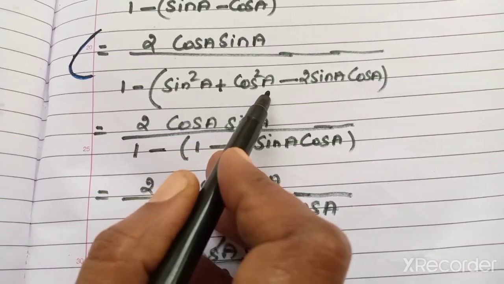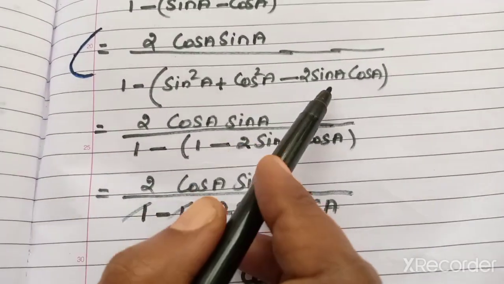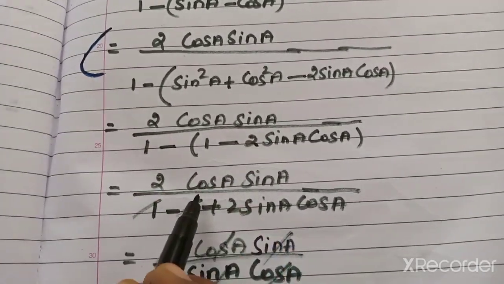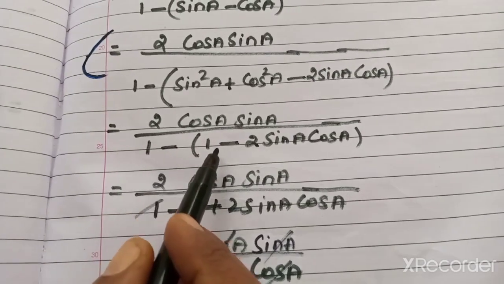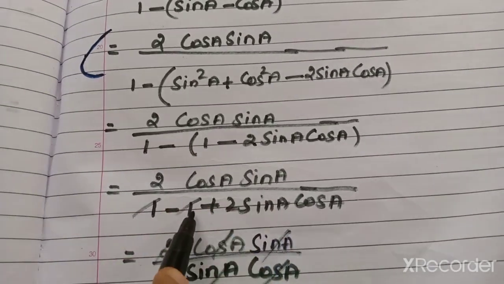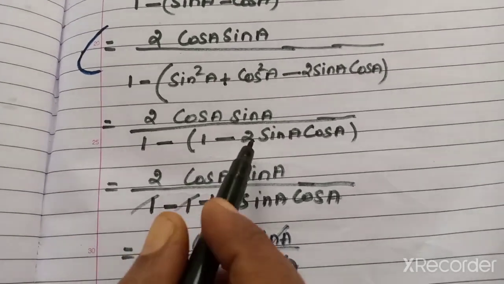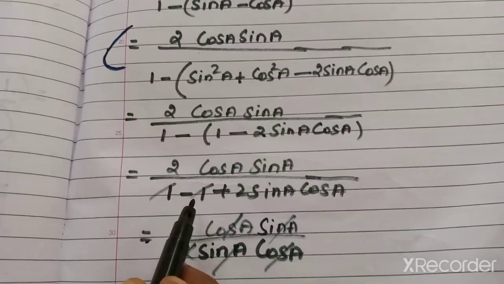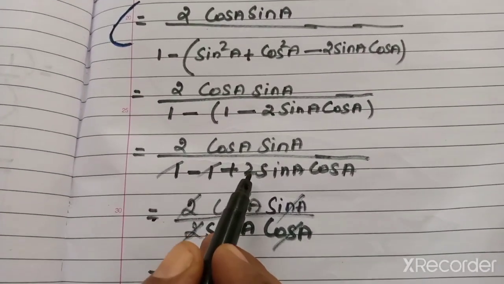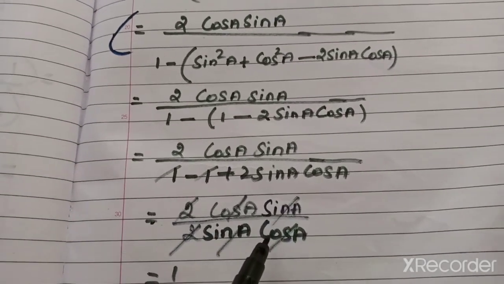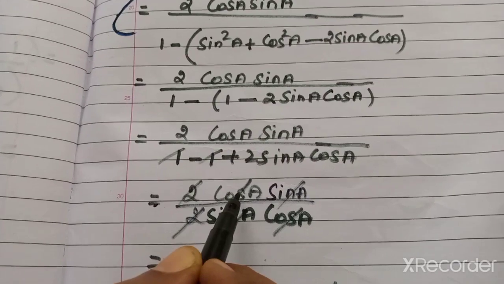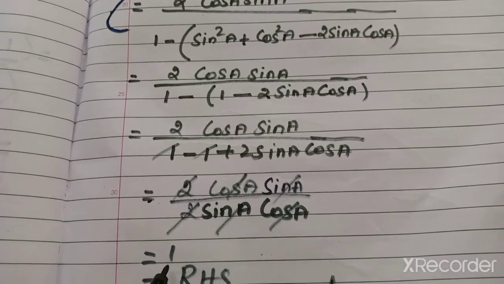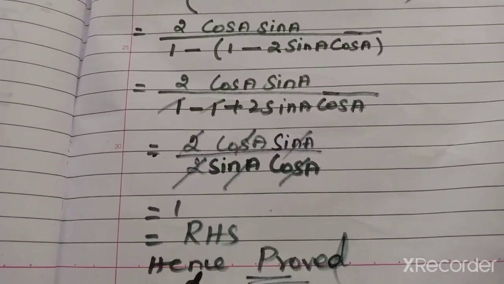So sin square A plus cos square A is 1, can be written, 1 minus this term as it is, right, which is equal to 2 cos A sin A divided by 1 with the minus, let us multiply these two terms, so minus 1, here minus into minus plus 2 sin A cos A, which is equal to 2 cos A sin A divided by, here 1 minus 1 is 0, remaining here we have 2 sin A cos A, okay, here 2 can be cancelled, cos A can be cancelled, sin A can be cancelled, so 1 is there, which is equal to 1, which is equal to RHS, hence proved, okay, thank you.